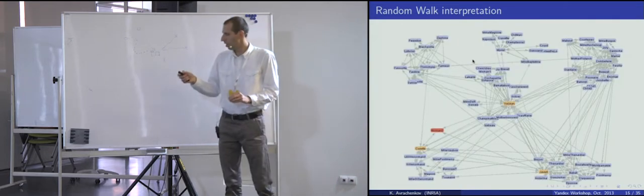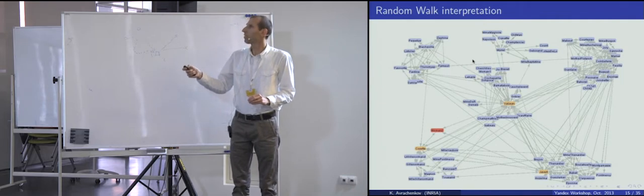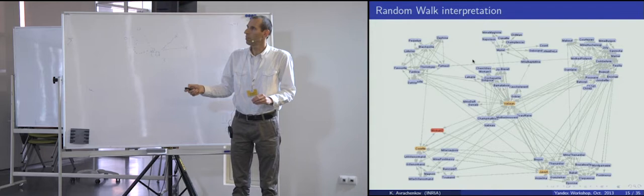Woman 2, by the way, is just one hop away from both the Cosette and Valjean nodes.